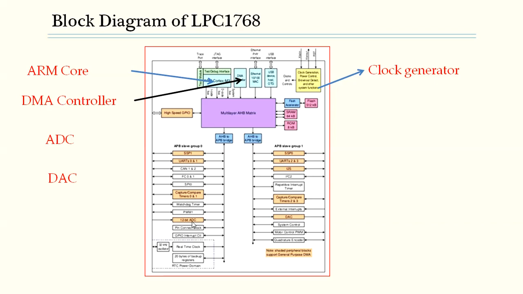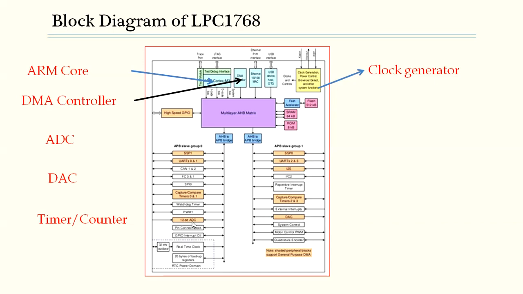The ARM works with a very low voltage of 3.3 volts, unlike other controllers which operate at 5 volts. So the maximum analog input is 3.3 volts, and similarly the maximum analog output will be about 3.3 volts.